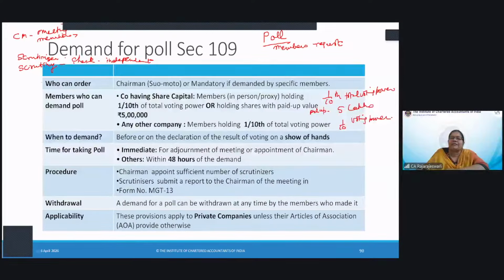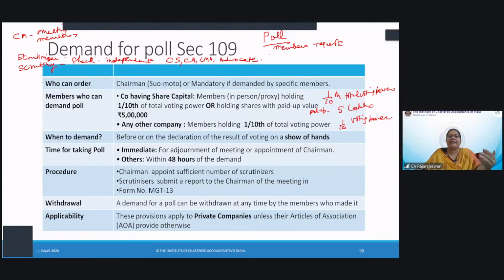But a scrutinizer will be appointed only if it is necessary. He should definitely be a person of repute, a CS, CA or CMA with that qualification, or an advocate who knows the process and counts the votes.